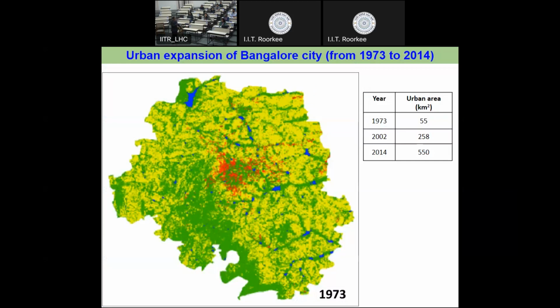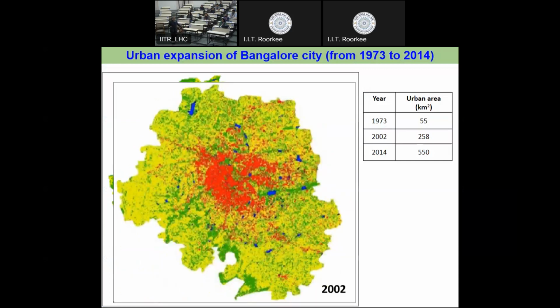So this is the example from Bangalore. This is a satellite picture of Bangalore from the year 1973, and at that time, the urban area was only 55 square kilometers. As a result of development, in the year 2002, the city expanded, and the area was 258 square kilometers, 5 times more.